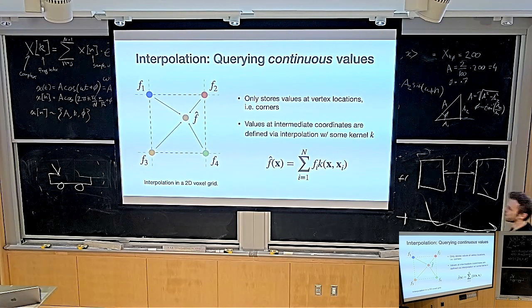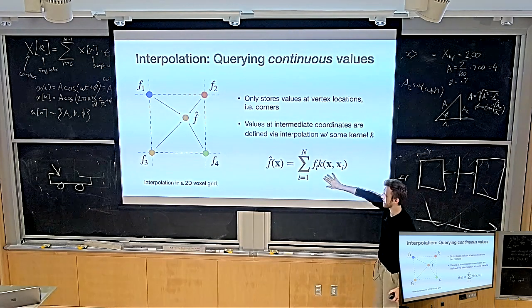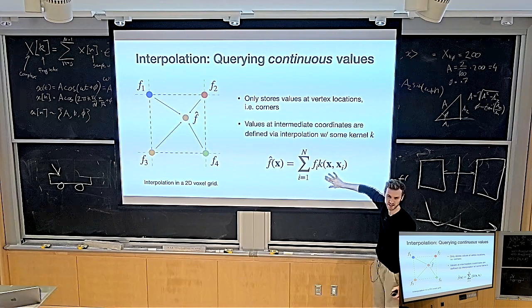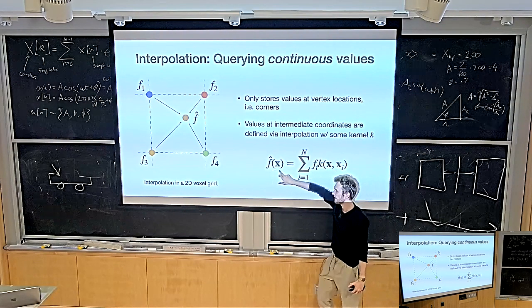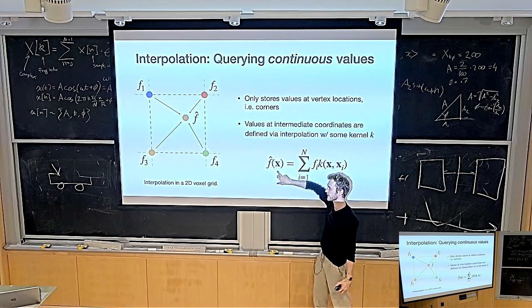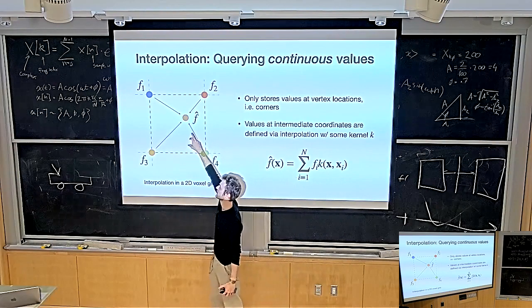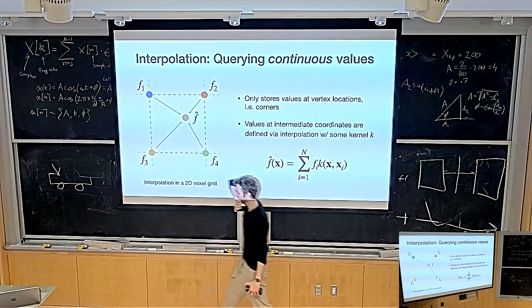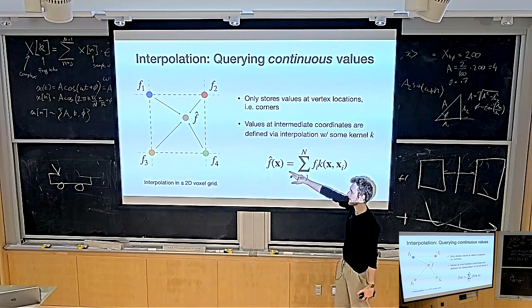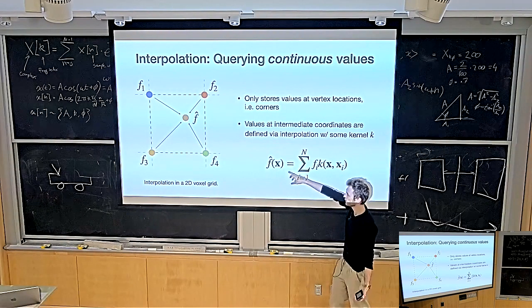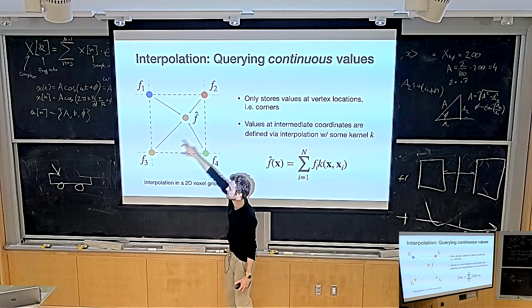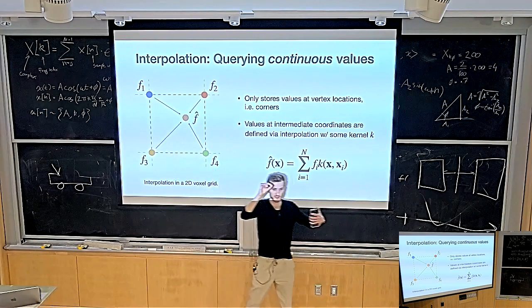Okay, and now the thing is, are you familiar with a notation like this for interpolation? Here we have our function. Let's imagine this was the signed distance function, and you want to query it at a continuous location, like here. At this continuous location, you want to compute the value. And for that, you have to interpolate the values that lie on the four corners of the grid.